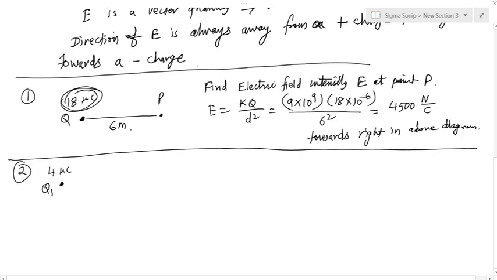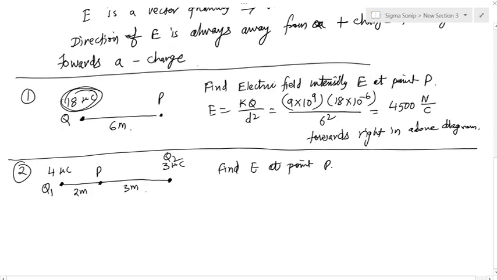Another charge is 3 microcoulomb. Let me call that Q2. They are separated by a distance of 5 meters, and I'm interested in finding electric field intensity at point P between them. So what we are doing is find E at point P.